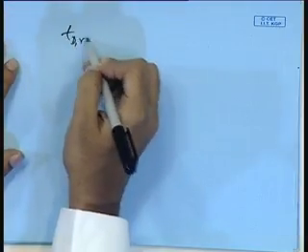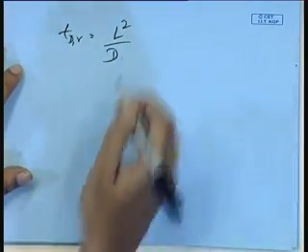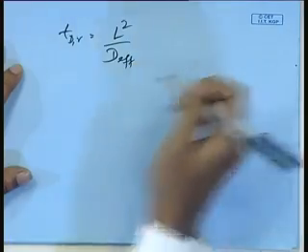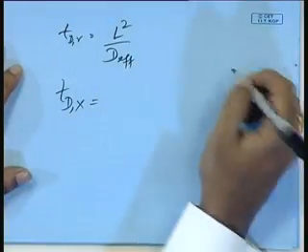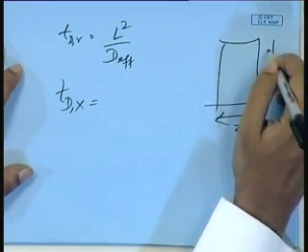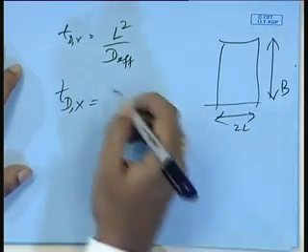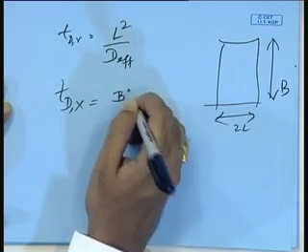If I call this the transverse diffusion time, say this is L square over D effective, and if I have an axial diffusion time, then what would that be? If this is my 2L and let us say this is my B, then that would be B square.